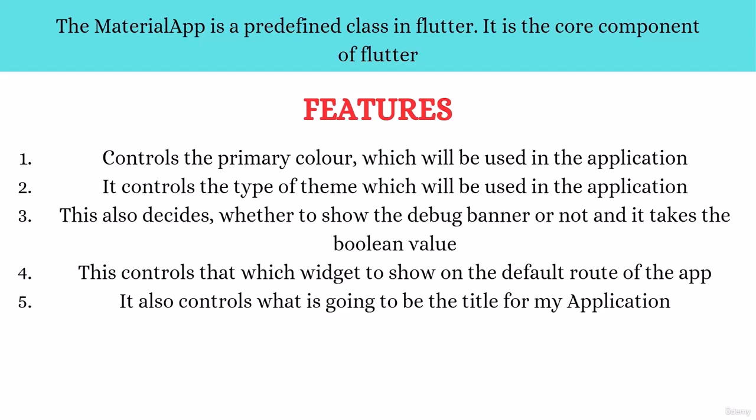In simple words, once you open that particular mobile application, which page you will see first, or which kind of component you are going to see by default, the Material App also controls these things. It shows the widget which you will be showing on the default route of the application.